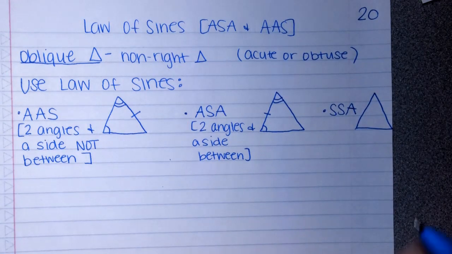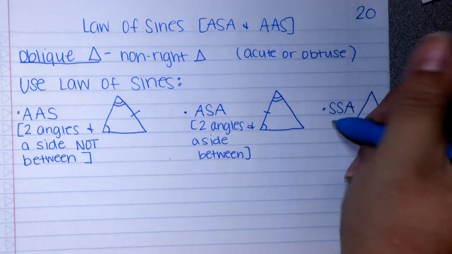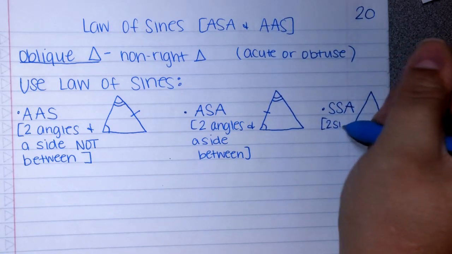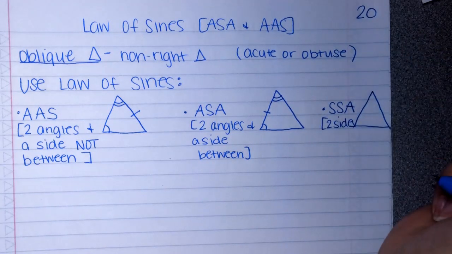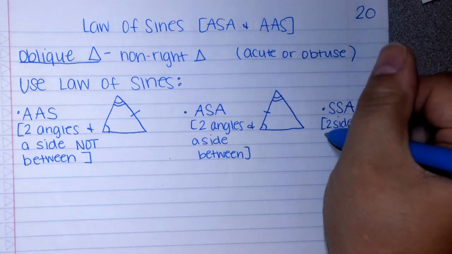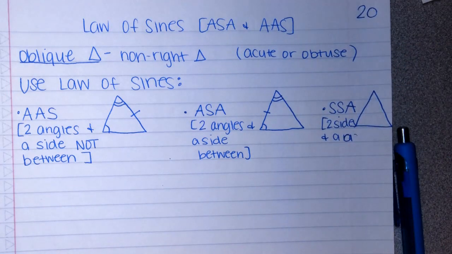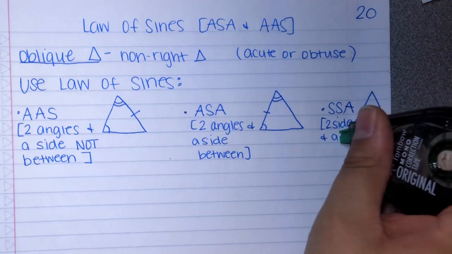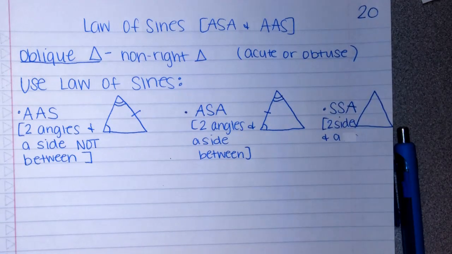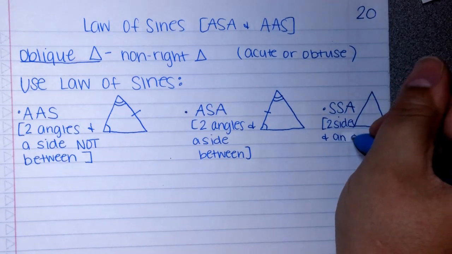Alright, so what is SSA? 2 sides and an angle. Oop, I did that wrong. An angle what? Not in between. An angle.